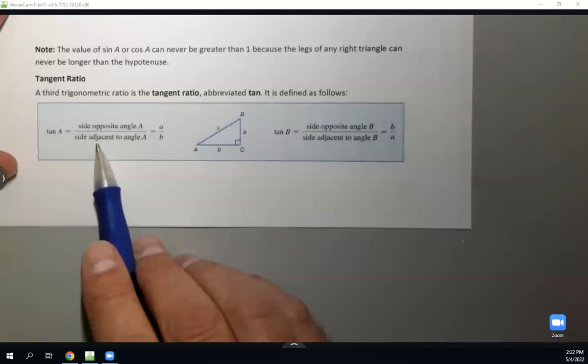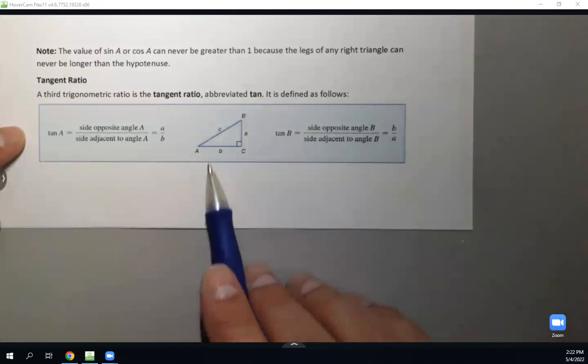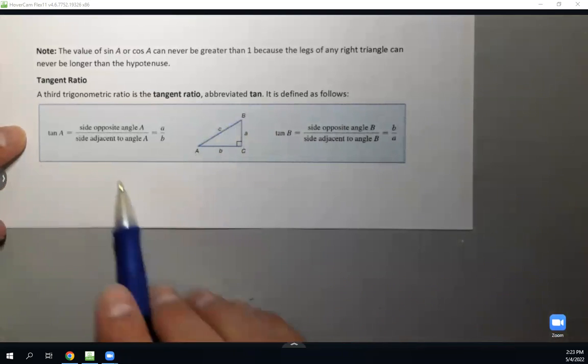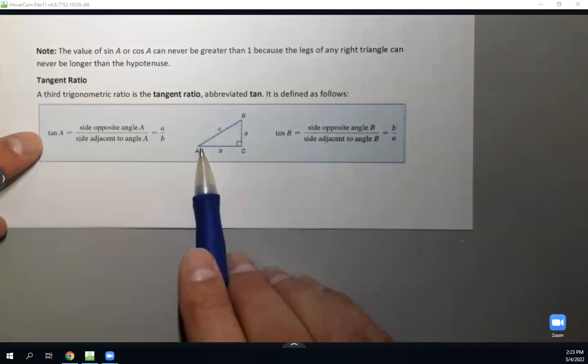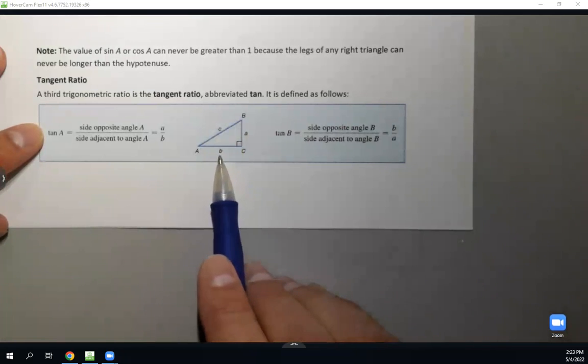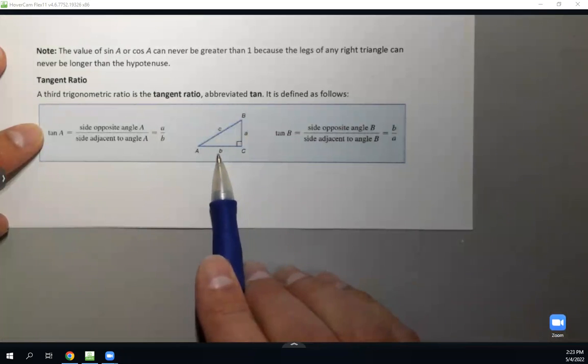For example, here's my right triangle with angles A, B, C and sides a, b, c. The tangent of angle A is the side opposite angle A, which is a, over the side adjacent to angle A, which is b. So a over b, opposite over adjacent.